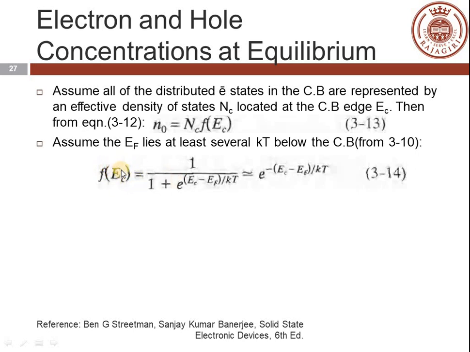So here it is Ec, here also it will be Ec. Now assume that the gap between Ec and EF is very large. So this quantity will be very high. So this equation can be approximated as e to the power minus Ec minus EF divided by kT.